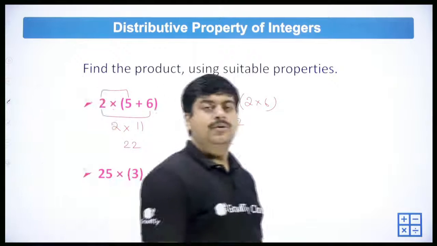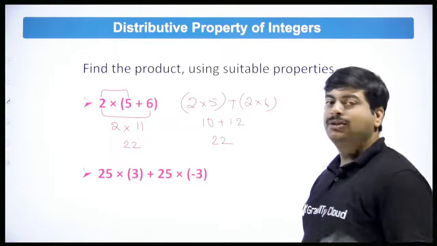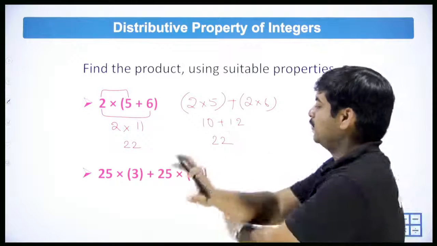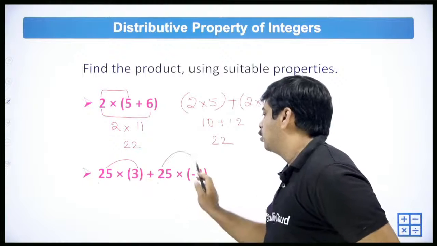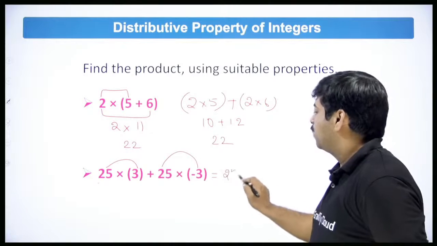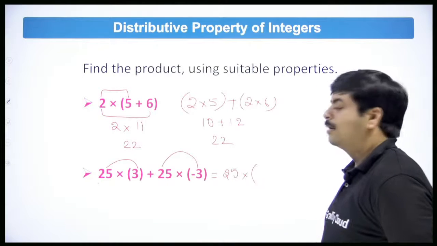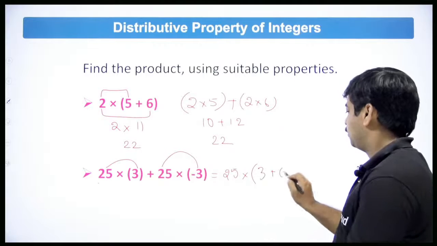The same way we can also go for the next one. What is that? 25 into 3 and 25 into minus 3. It is again the reverse way. 25 we are distributing to 3 as well as 25 we are distributing to minus 3. So using distributive property, I can write that as 25 multiplied by both the numbers, 3 plus minus 3.